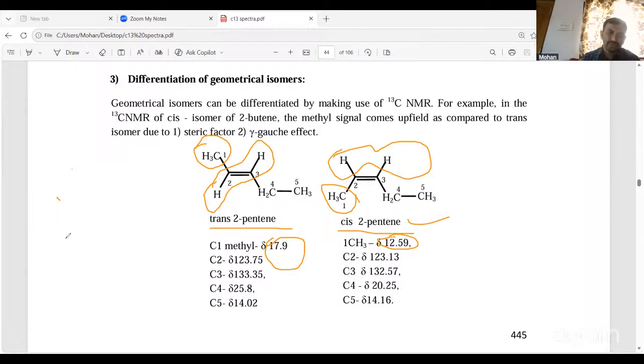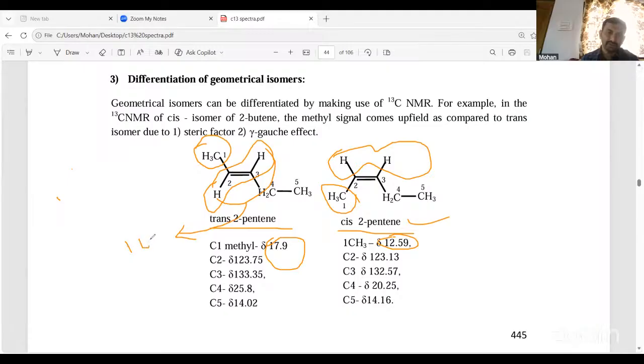In these stereoisomers, the difference is the spatial arrangement of the atoms. Spatially means the distance between the atoms. For example, in the trans isomer, you can see the distance between these two hydrogens; take it as 1 centimeter, for example.